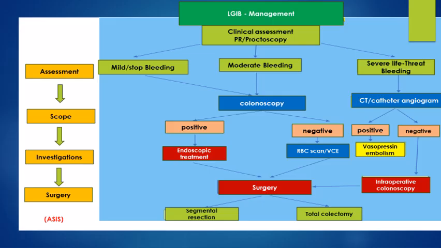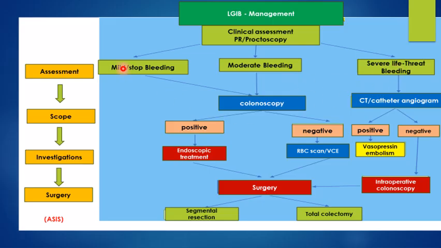Okay, finally we come to the summary, the management of lower gastrointestinal bleeding. This is done in 4 stages: assessment, scope, other investigations, and surgery, either endoscopic method or open surgery. First, under the assessment, you assess the patient by clinical assessment as well as by proctoscopy into mild bleeding, when the bleeding has stopped, moderate bleeding, and severe bleeding.